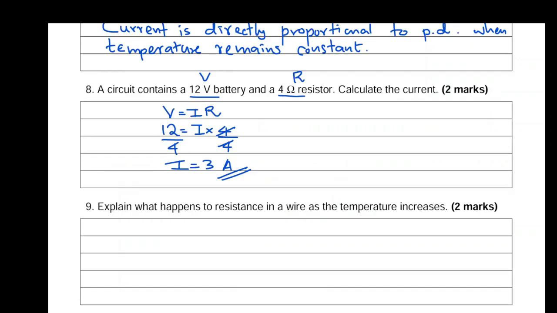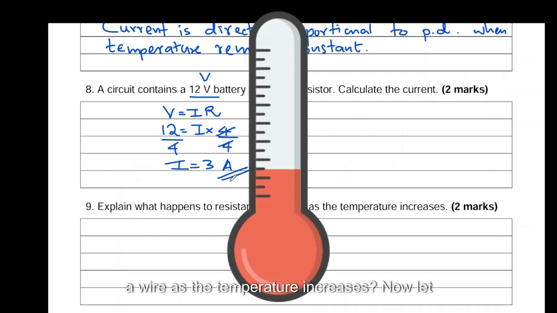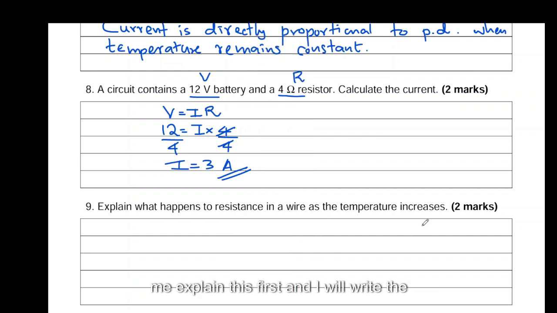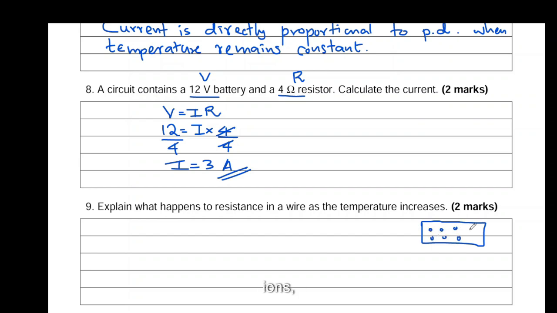Question number 9. Explain what happens to resistance in a wire as the temperature increases. Now, let me explain this first and I'll write the answer. If you think about a resistor, there are particles like metallic ions, and current is when electrons move through this.